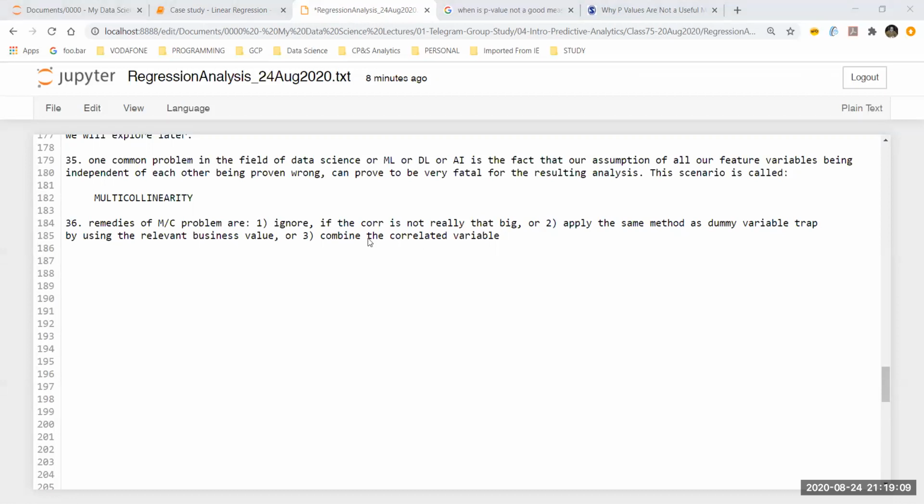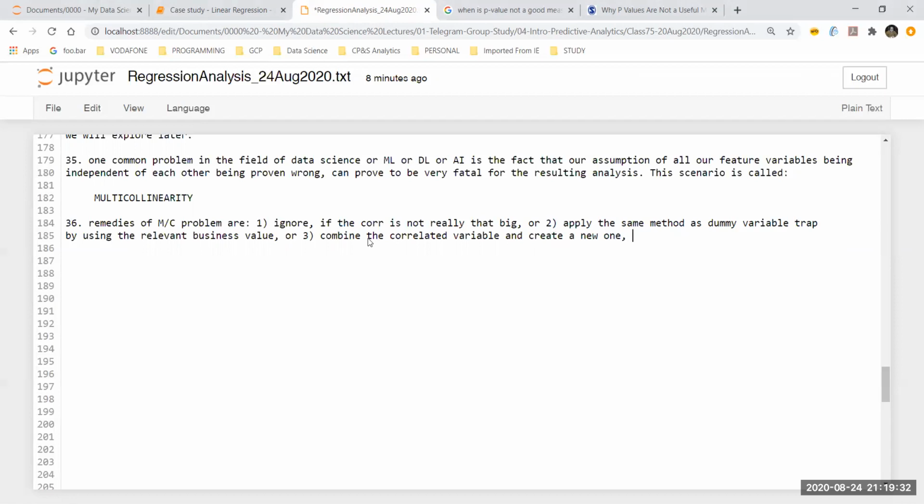But let's say there is a data set where you have age and years of experience, right? These two are intercorrelated with each other. Can you get rid of this problem? There is one way, as per this third point: combine the correlated variables and create a new one.